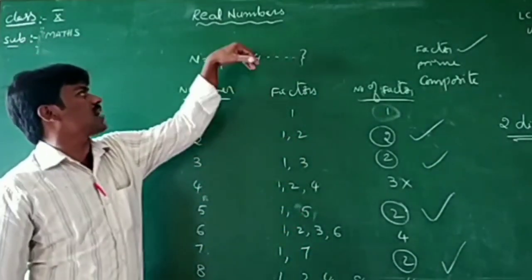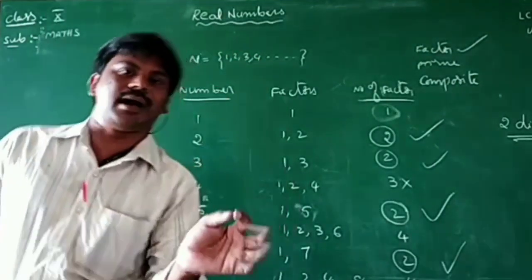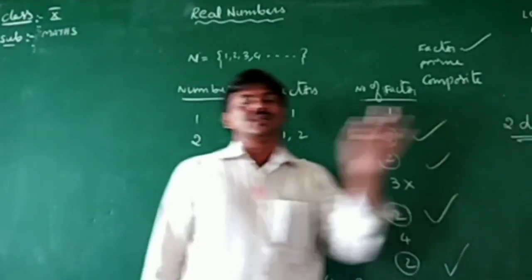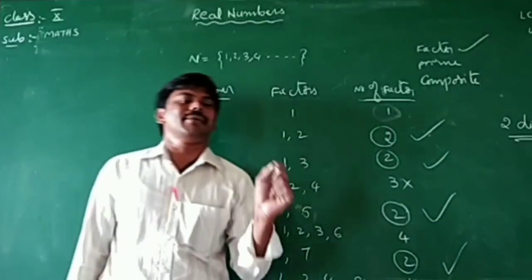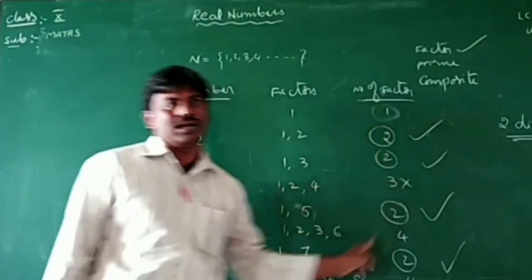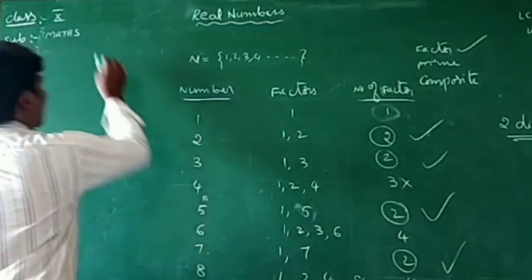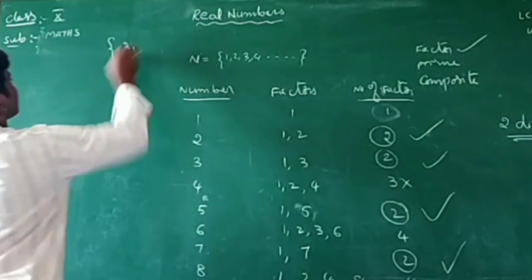So prime numbers start with natural numbers only. A natural number which has exactly two distinct factors: this is the definition of a prime number. Again, I am saying a prime number is a natural number which has two distinct factors. That's why in our list of prime numbers the starting number is 2. 2 is the least prime number.